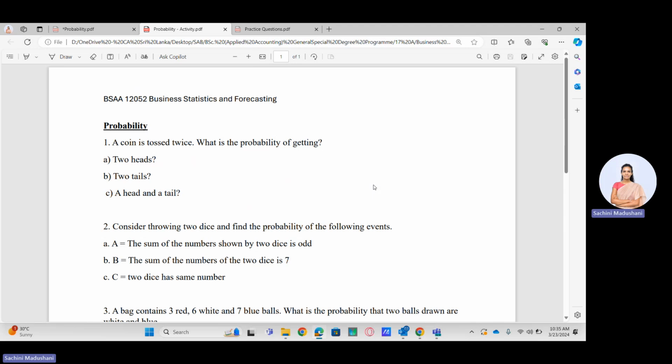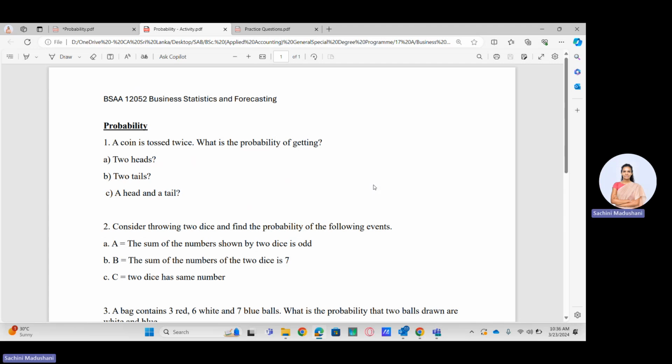Okay. Then a head and a tail. Getting a head and a tail, there are two chances: head, tail and tail, head. This branch shows 1 over 4. This one also 1 over 4. There are two favorable cases, so we add them together.